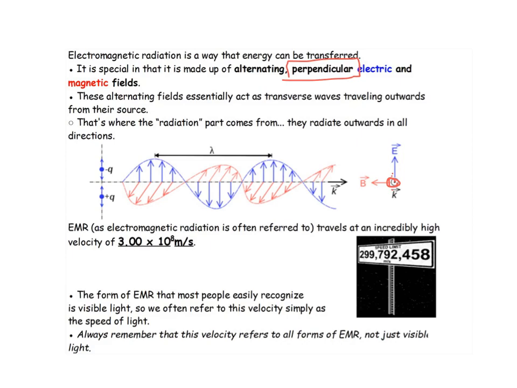So the magnetic field, the electric field, and the direction the electromagnetic radiation is moving, is all perpendicular to everything else. So that's important to remember. That's just the nature of electromagnetic radiation, and we can measure that with devices, and it shows us that they are perpendicular to each other.